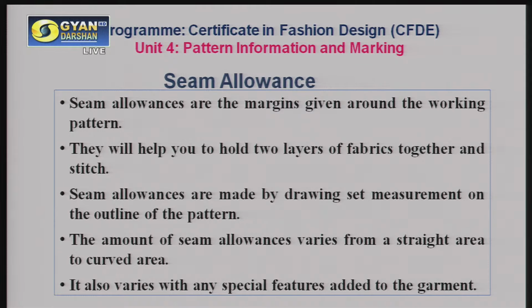When you are developing a pattern, you will experience this while doing the hands-on: the seam allowance differs from the straight area of the pattern to the curve area. So we have to provide different amounts of ease, or seam allowance, according to the type of pattern we are developing.